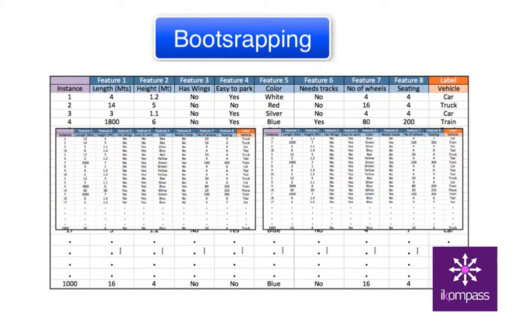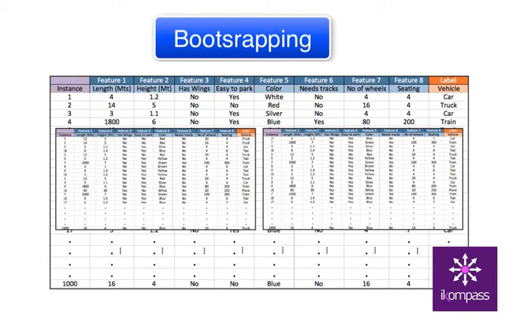So how does this translate to real data? Take a look at this table here. We have the original data of the background, which has 1000 instances. Out of the 1000 instances, we are going to create 2 subsets, and each subset also has 1000 instances. But take a look at the number of the instance.